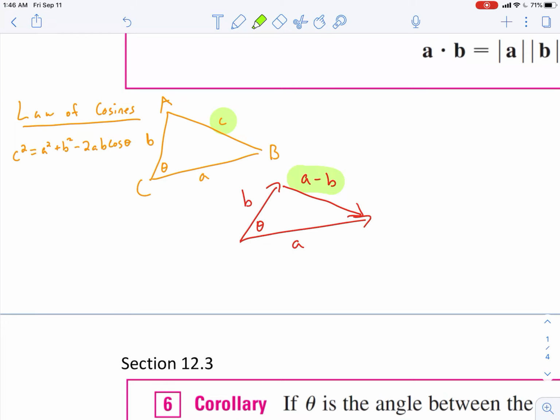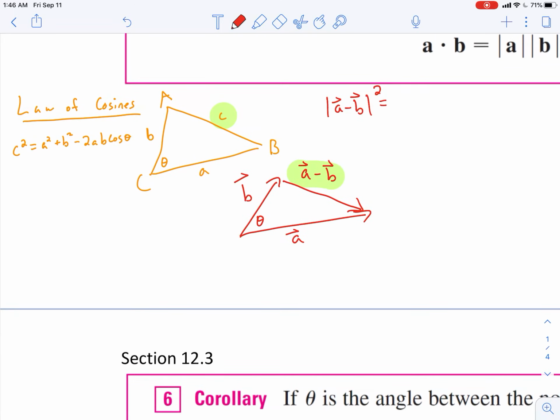What represents the distance would be the magnitude of a minus b. And so we want to square that. So we have vector a minus vector b, the distance of that squared. That gives us the length for this side of our triangle.